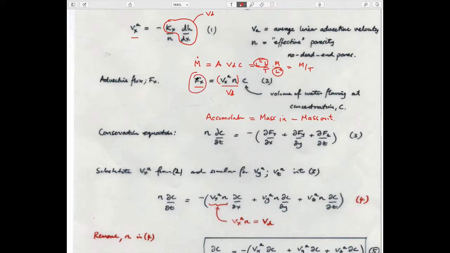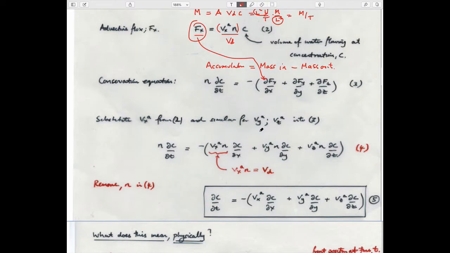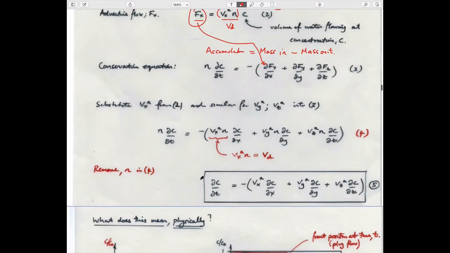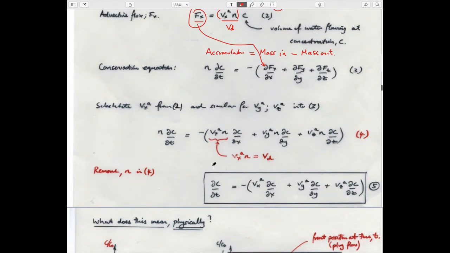And if we substitute this in here, by the way, I'll never ask you to reproduce these equations, but you'll see them everywhere in the groundwater literature, so it's probably useful that you know they exist. If we substitute this in here, we end up with an expression which is this, and if we simplify it, we end up with what is referred to as an advection equation. And so this advection equation, not surprisingly, says something about the rates at which masses are advected downstream.